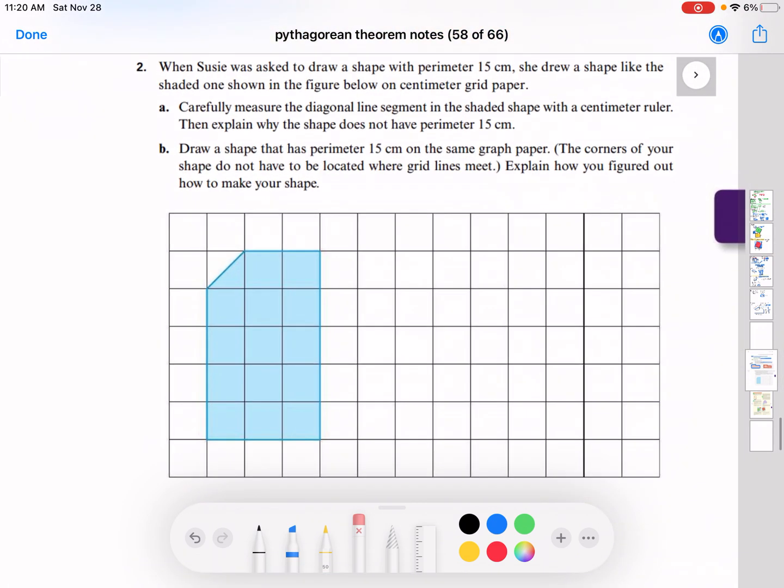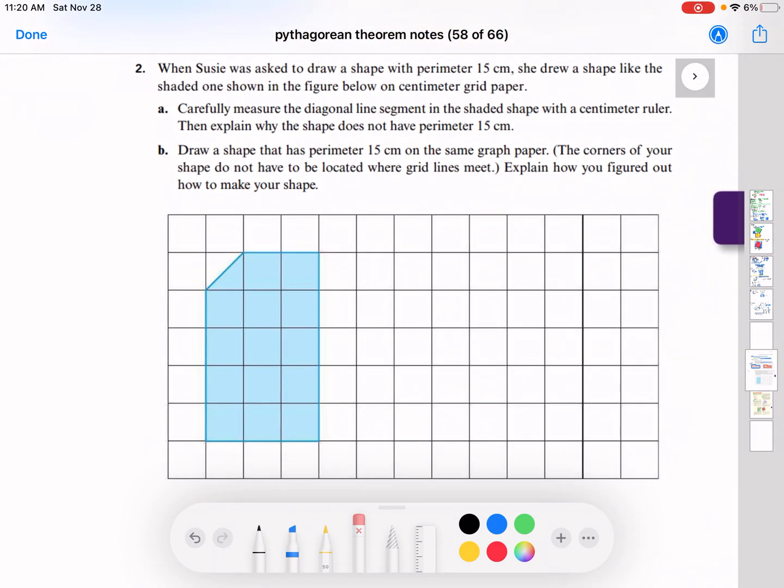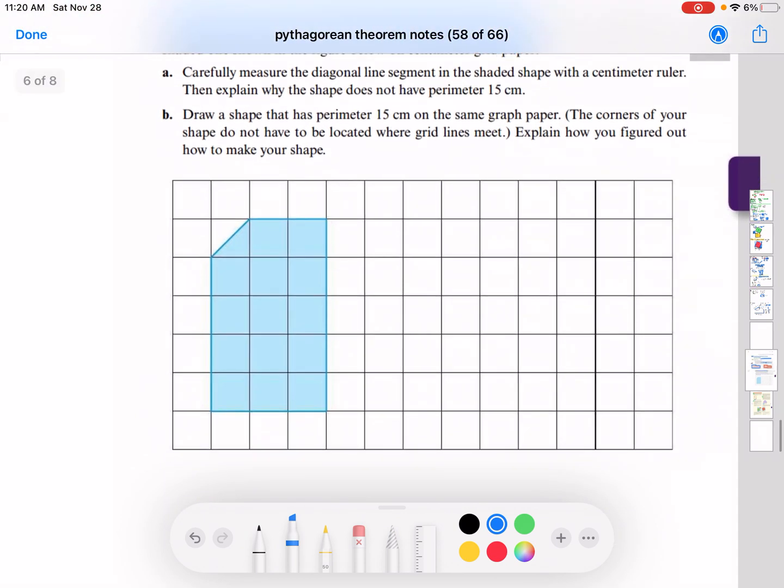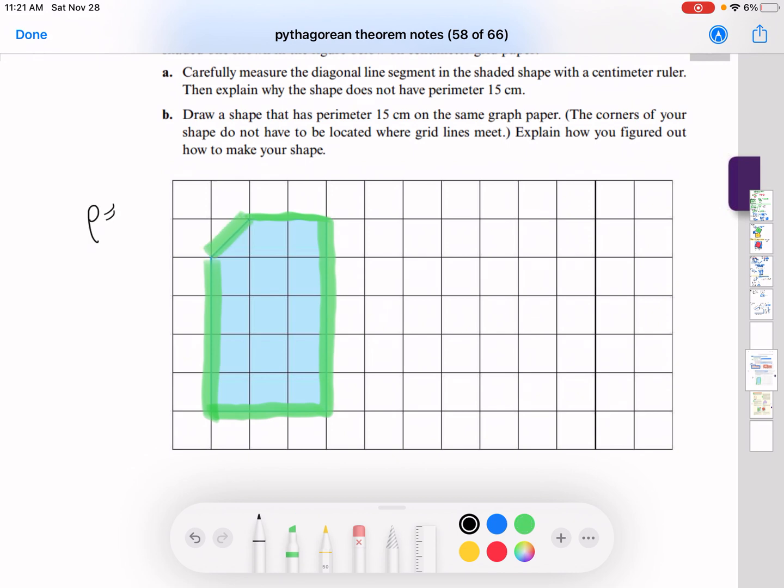All right. This one involves the Pythagorean theorem. This was another mistake a student made. It said Susie was asked to draw a shape with a perimeter of 15 centimeters, and she drew this shape right here. I think the logic is she counted 1, 2, 3, up to 15, and she said the perimeter was equal to 15.